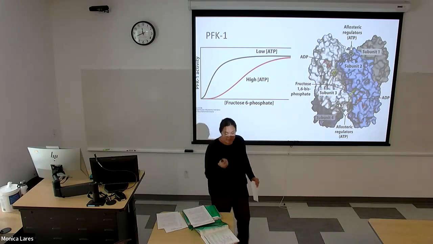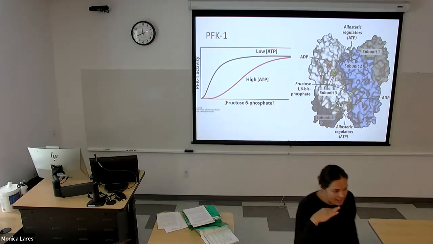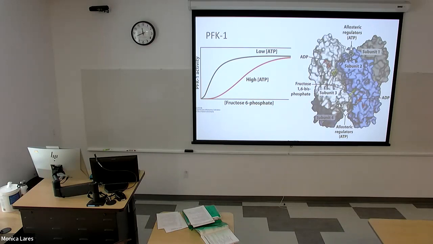In red, though, we see what the activity looks like in response to high ATP. If there's a lot of ATP around, then PFK1 doesn't need to be working as hard. So it has a more sigmoidal shape in red.